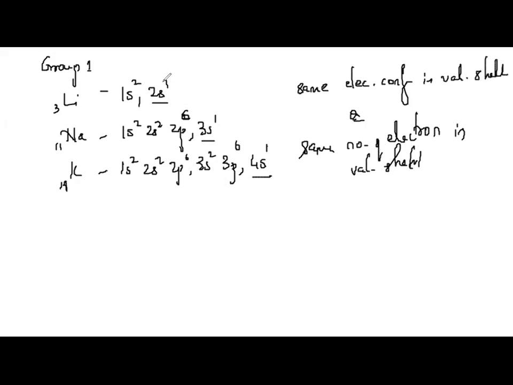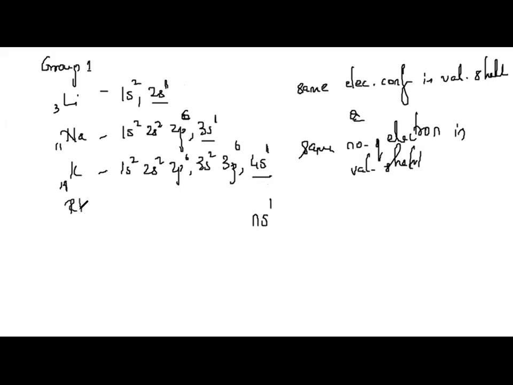So here our electronic configuration in the valence shell is 3s. Only this number is changing. The principal quantum number changes, but the number of electrons is nothing but the electronic configuration, and that is same. So their electronic configuration of the valence shell is identical. I can represent it like this. If 1, 2, 3, 4 represent the principal quantum number, I'll write it as n. So all the elements have the same outermost configuration, ns1.